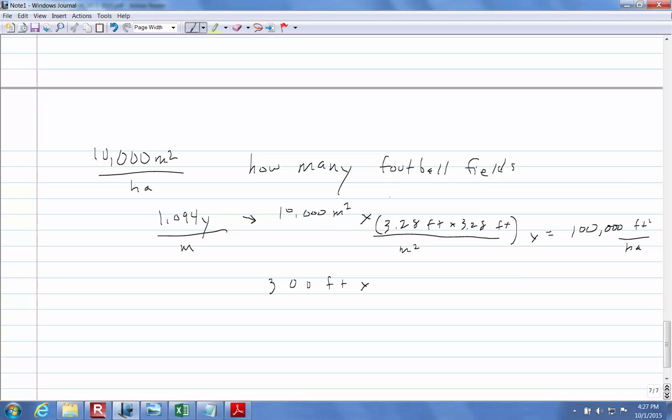Oh, that's approximated, I think. A football field's about 40 yards wide, isn't it? Yeah, it's like 100 yards by 40 yards.